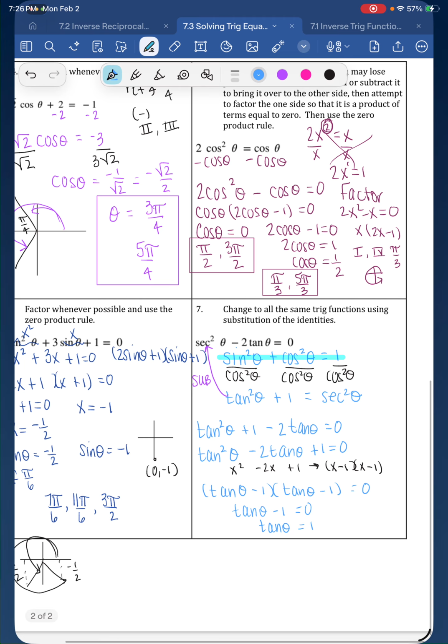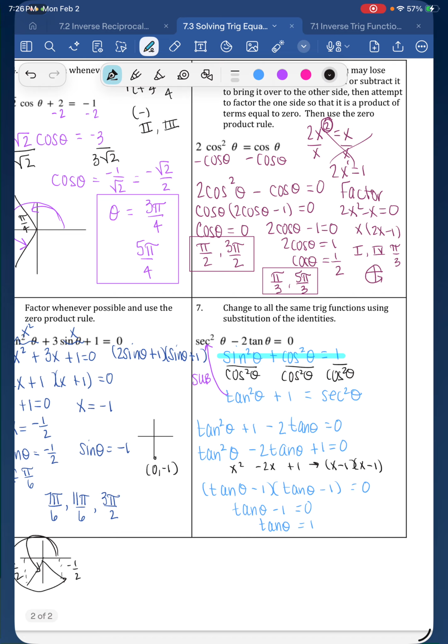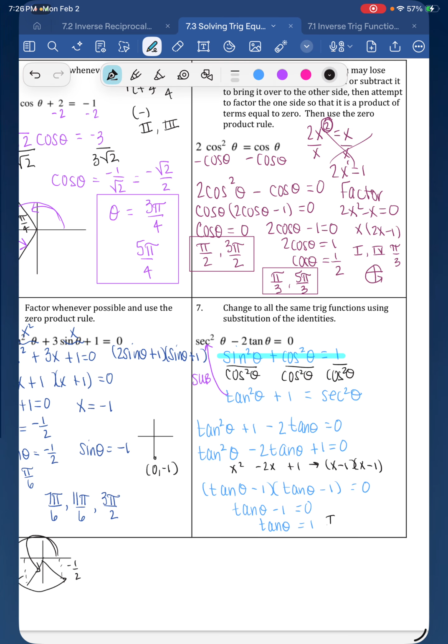Okay, so you've got to figure out your reference angle. So first of all, tangent is positive in quadrants 1 and 3. The reference angle is going to be pi over 4. I know I'm a broken record, but if you still are having a hard time figuring out what the reference angles are, you've got to make note cards. If you always have to draw out your unit circle, it's going to be very difficult.